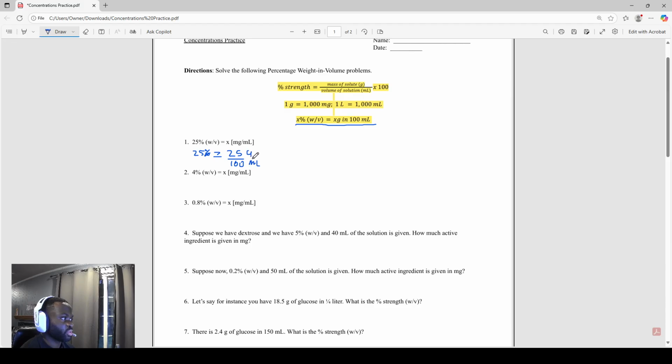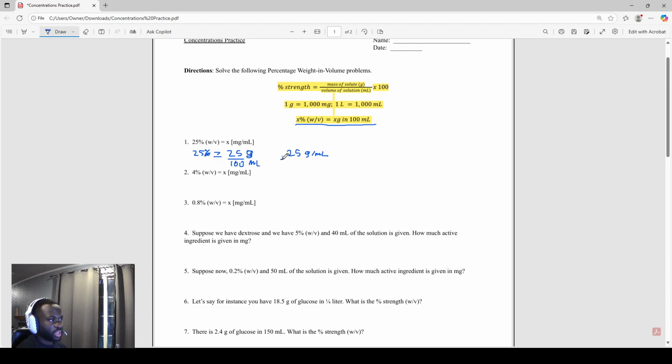Right, this is grams. Let me make that more clear. That looks like a Y. Grams. Now, to get grams per milliliter, all we would have to do is divide this by 25, right? And the grams per milliliter would be 0.25 grams per milliliter.